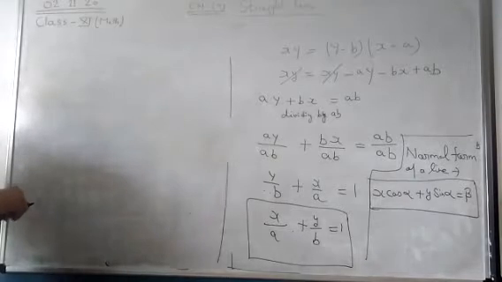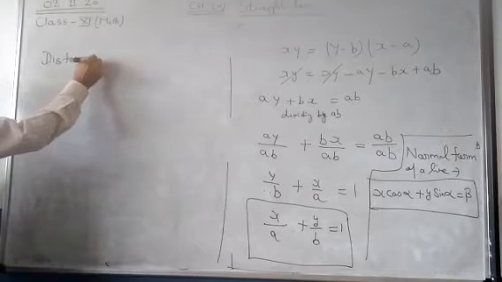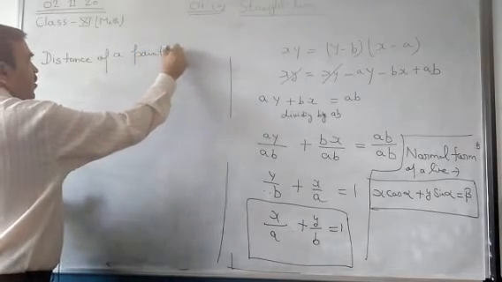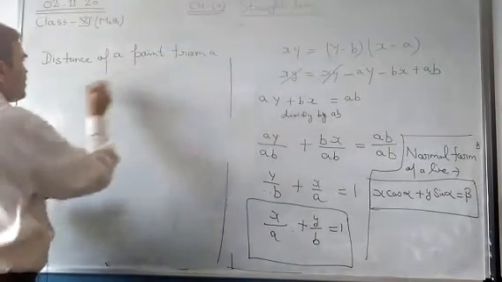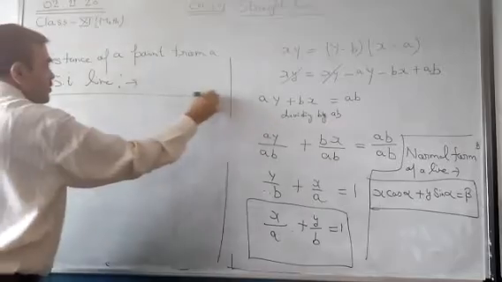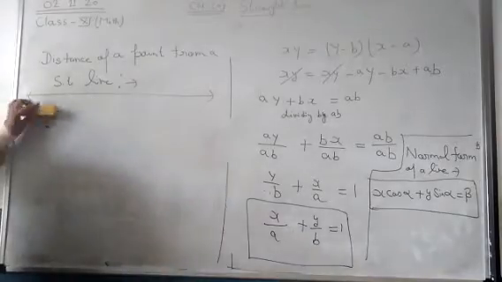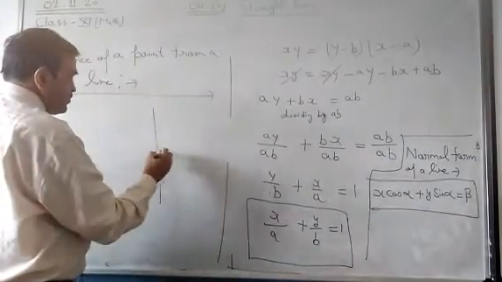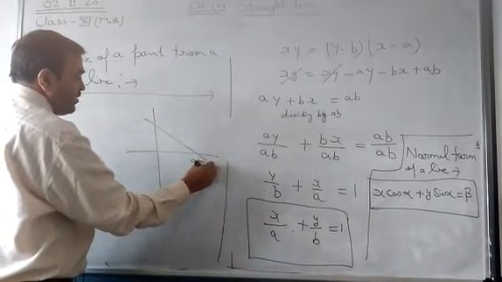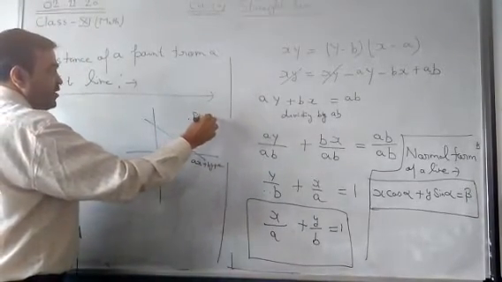Now the distance of a point from a straight line. You know this formula. Suppose a straight line ax plus by plus c equals 0 and a point P with coordinates x1, y1.